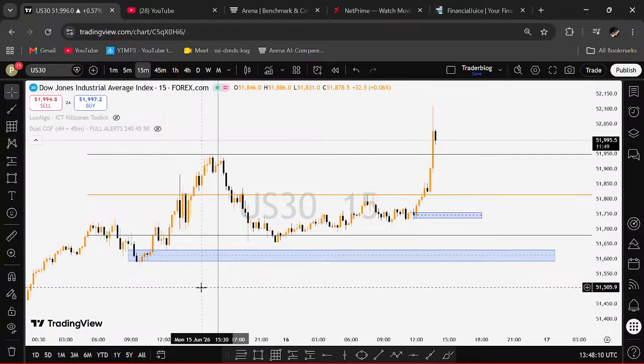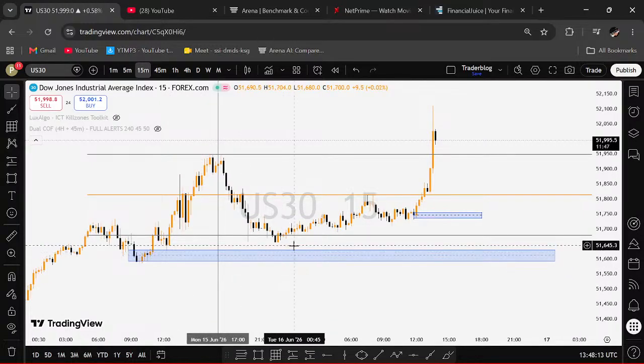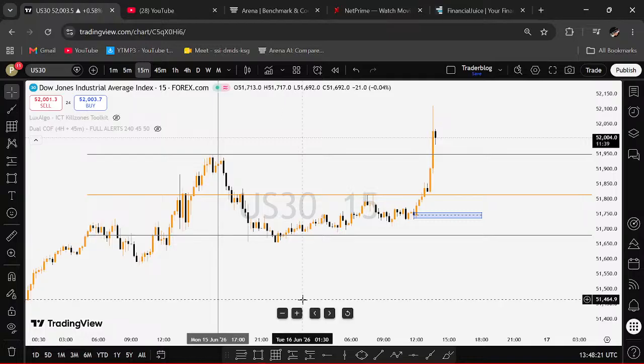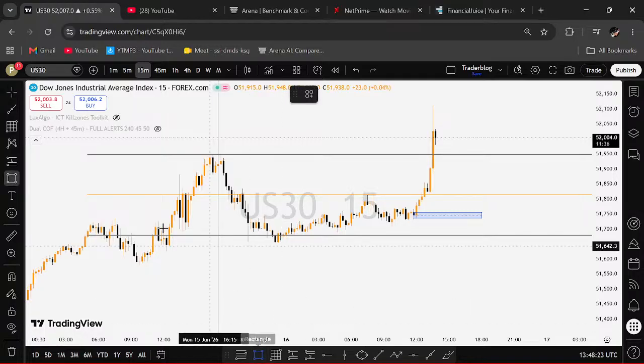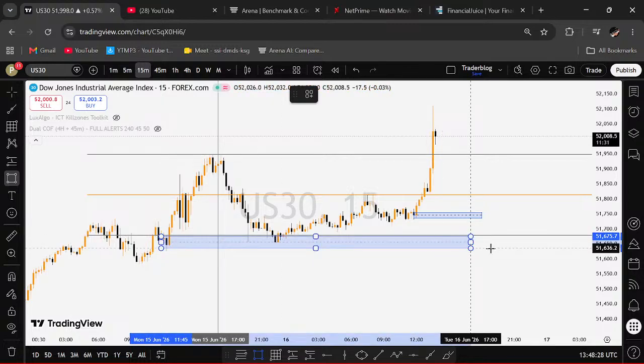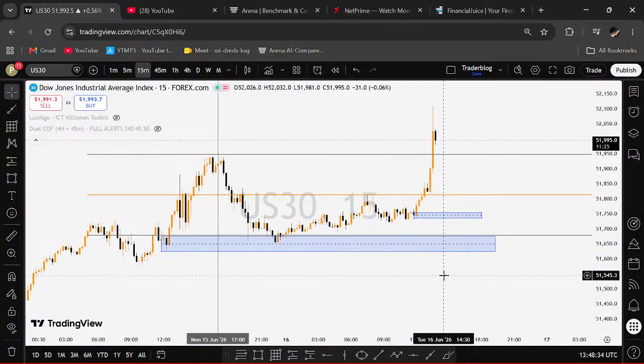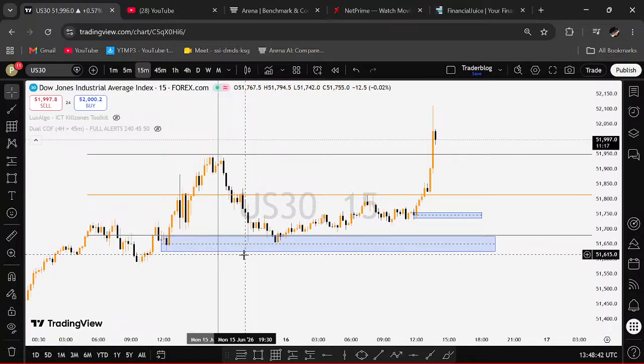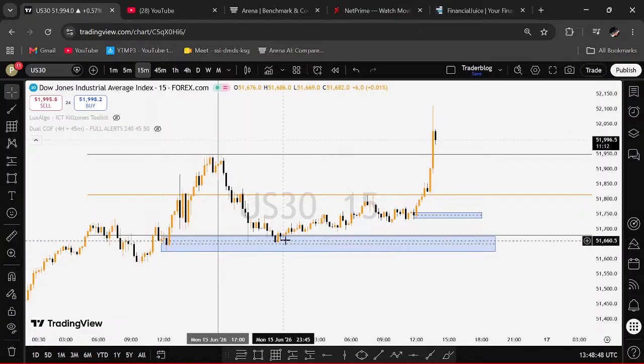So this should have been my first zone. This was deep into the night. I think it came here late in the night. I saw this, but I was late and I decided to leave the trade.